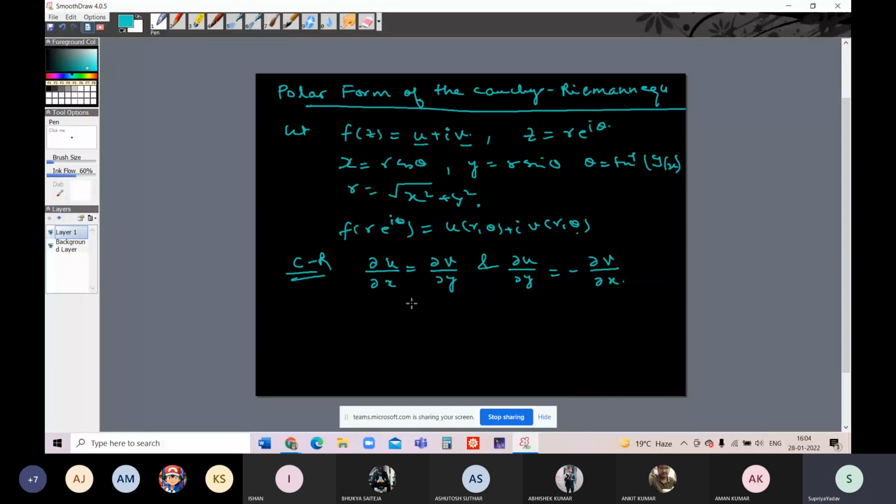You can also write this in polar form, which will be ∂u/∂r = (1/r) ∂v/∂θ, and ∂v/∂r = -(1/r) ∂u/∂θ.